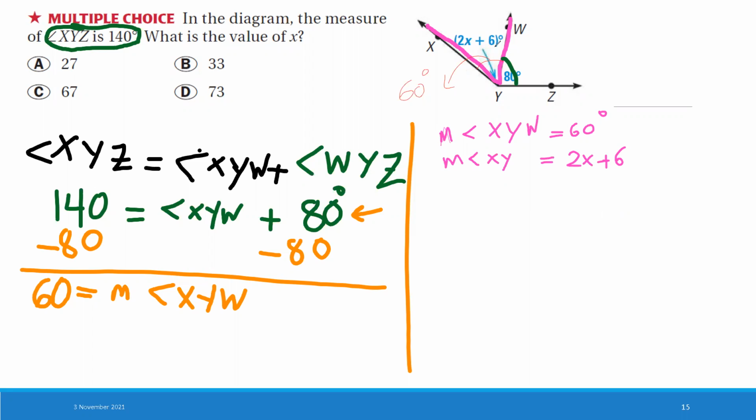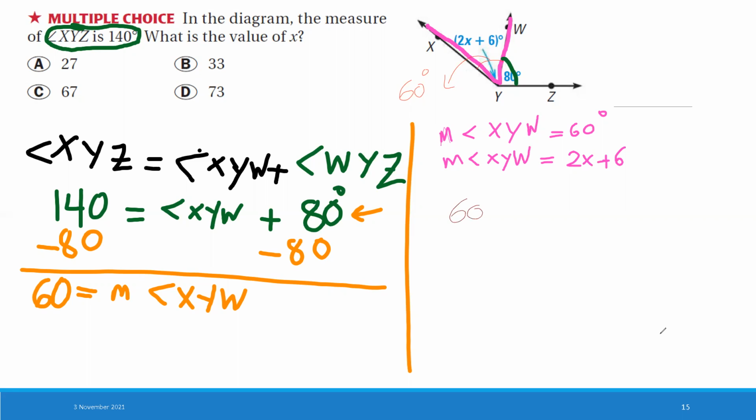Now, the measure of XYW is 60, and it is 2x plus 6. What do you have to do next? You have to put them in an equation.